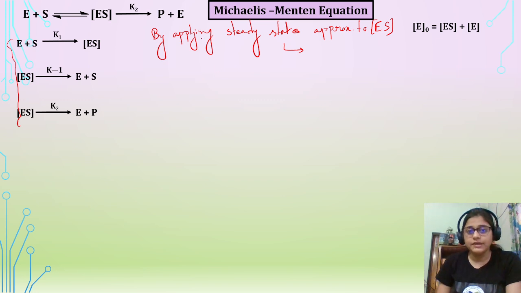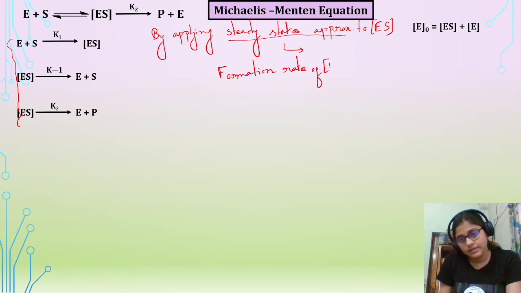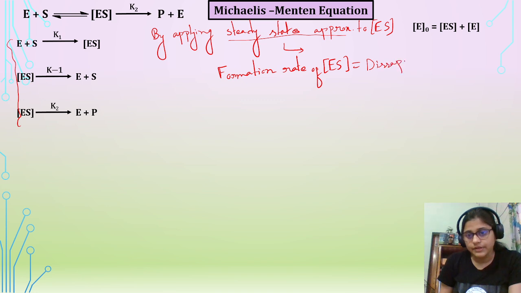In the steady state approximation, we take that the formation rate of the intermediate, here ES, will be equal to the breaking, or rather we should use a better word, the disappearance of ES.